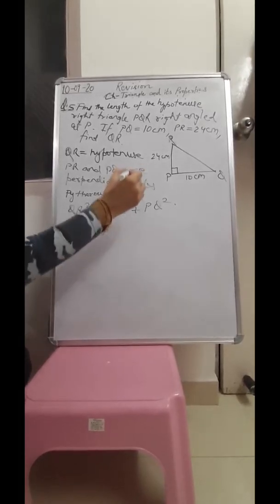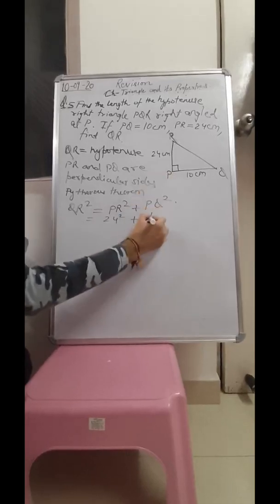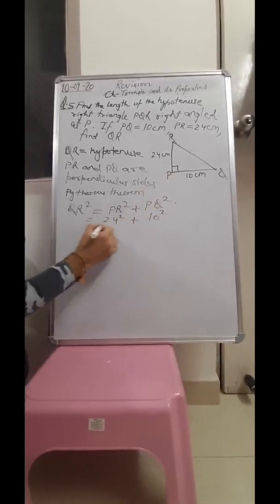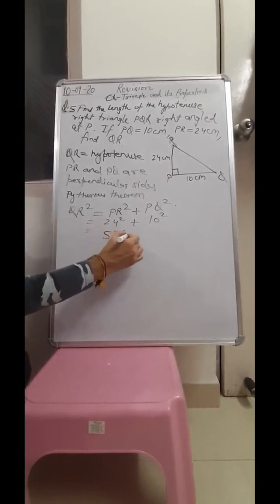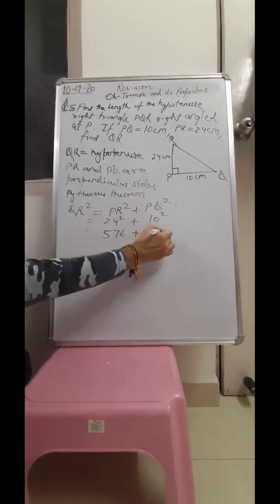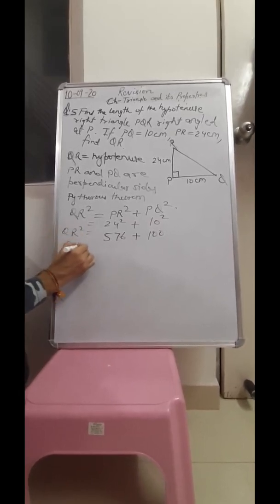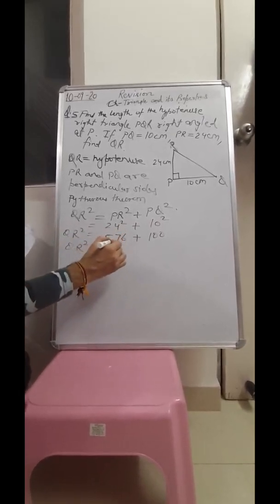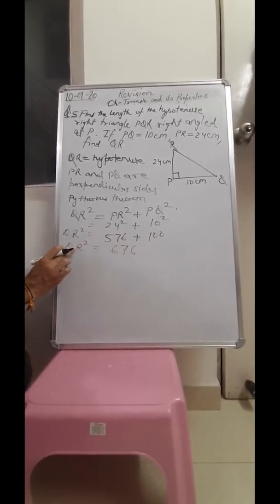So PR is how much? 24 centimeters square plus 10 square. So 24 square gives you 576, 10 square gives you 100. So QR square will be equal to 676.